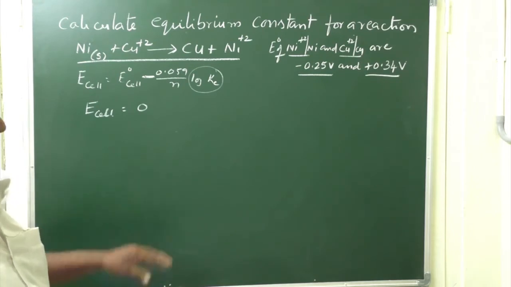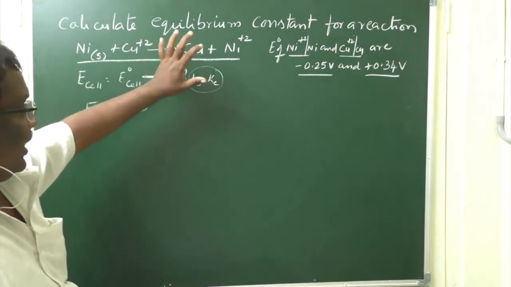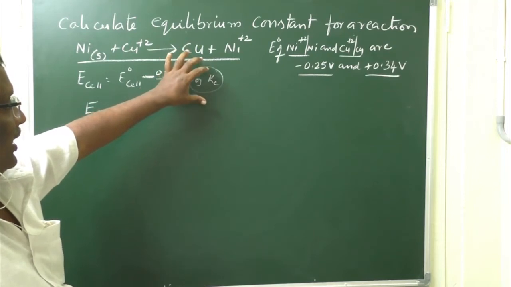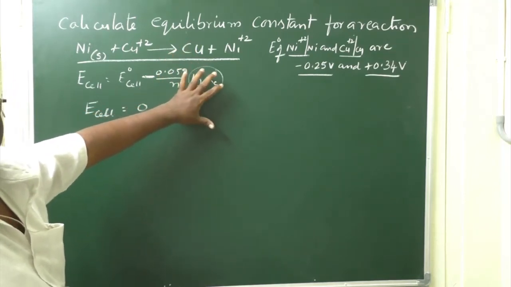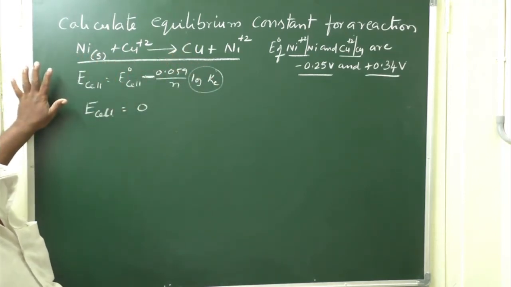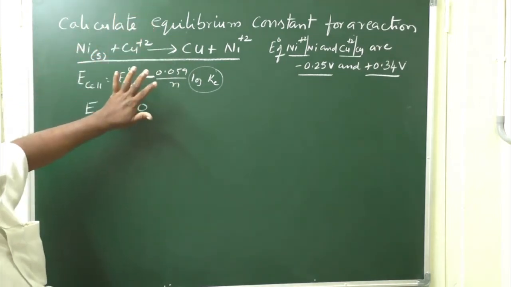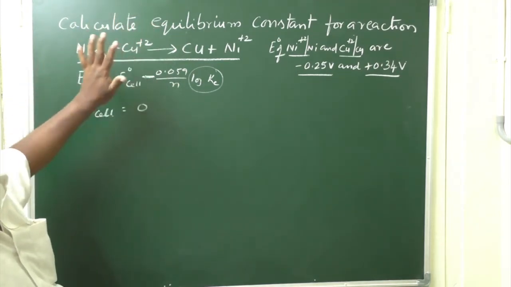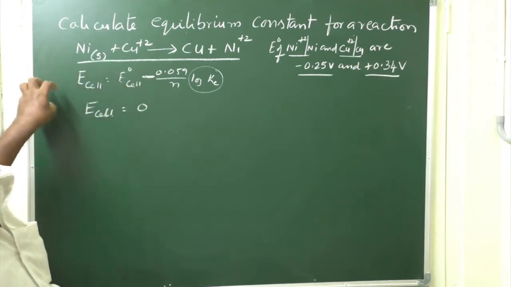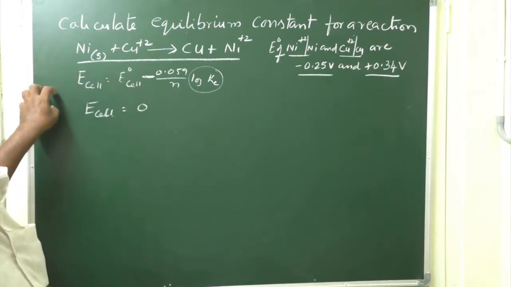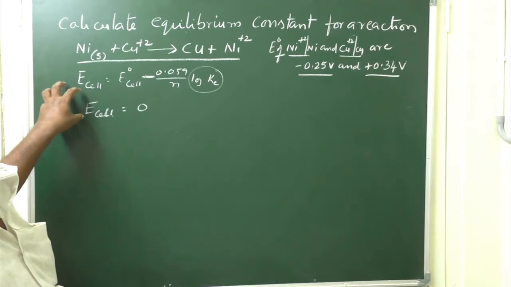So they are asking for the ratio of ions at the anode and ions at the cathode when EMF is 0. At equilibrium, the EMF of the cell is 0.